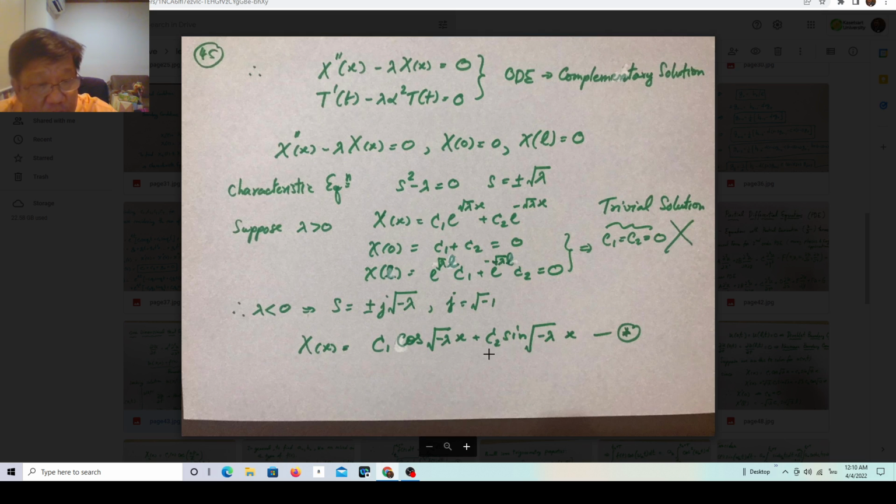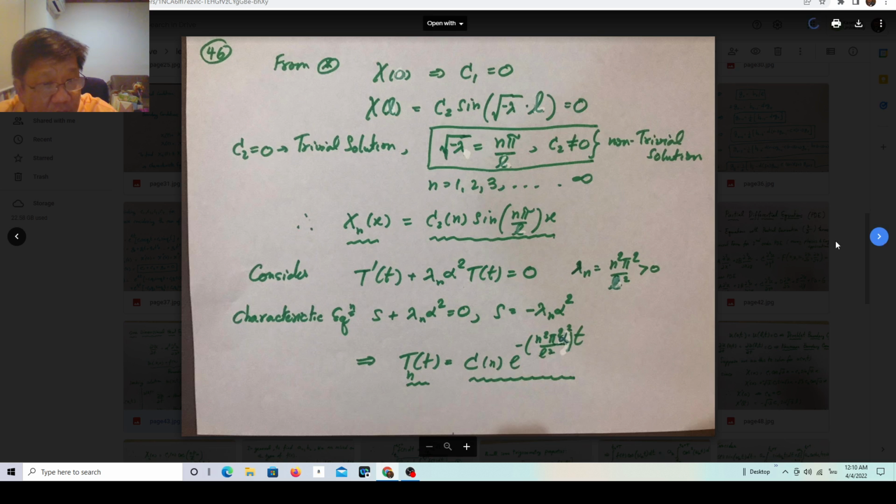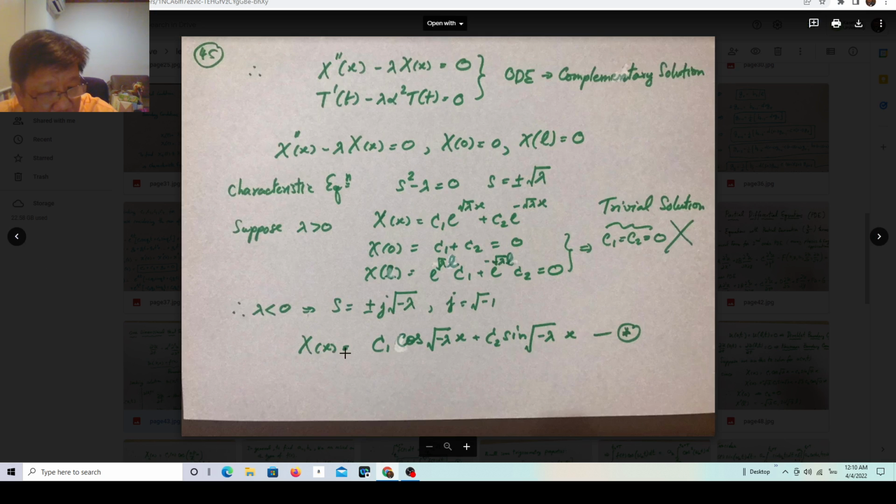So we're going to use this with the boundary conditions to track down the general form, the same way that we did before. We have two conditions, X of 0 and X of L. When you put x equal to 0, you know that psi of 0 is always 0, so the second term is always 0, and only the first term is left.